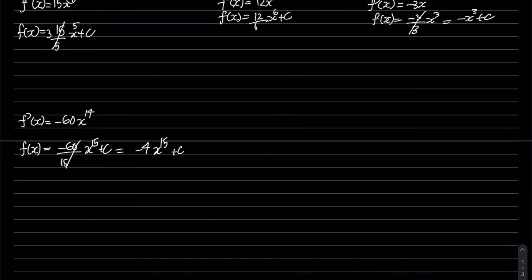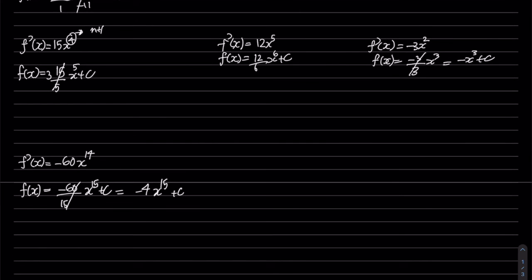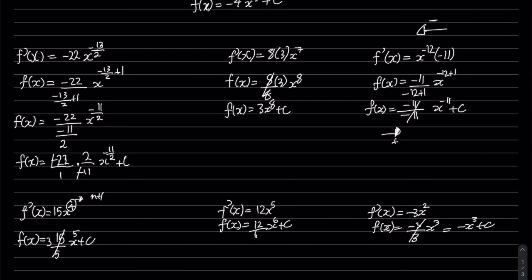So as you see, in all these examples, we took the exponent, added 1 to it. So then it became x to the 15. Then we took whatever constant was there. We already put it here again, but we just divided it by the n plus 1, 15. And that's your answer. That is your reverse power rule.